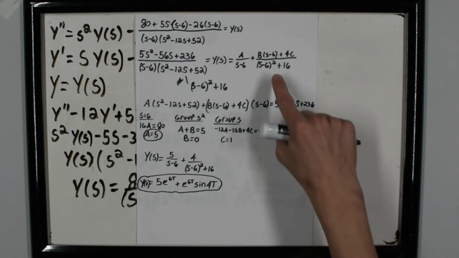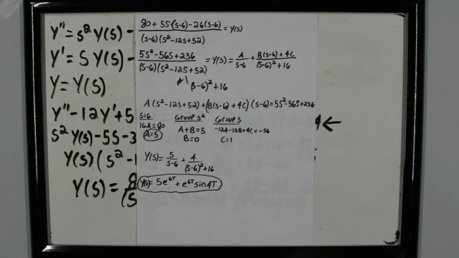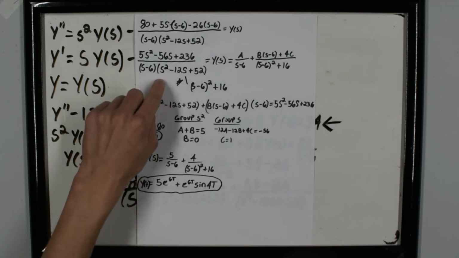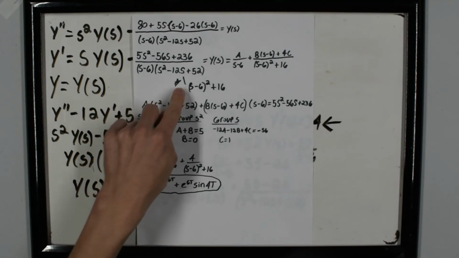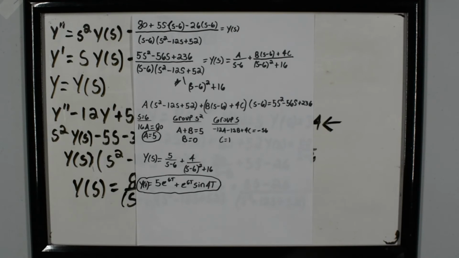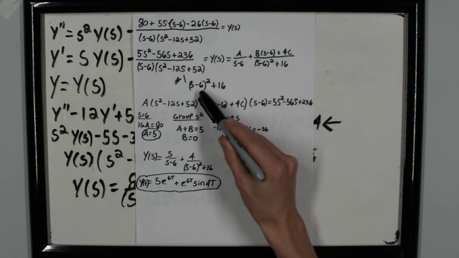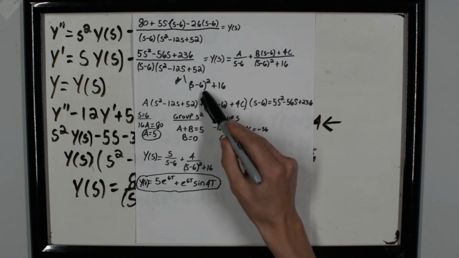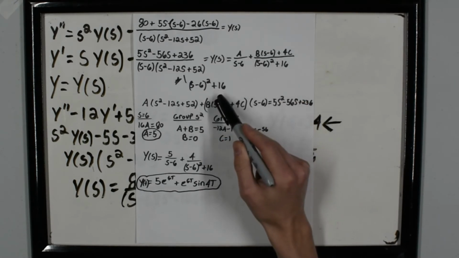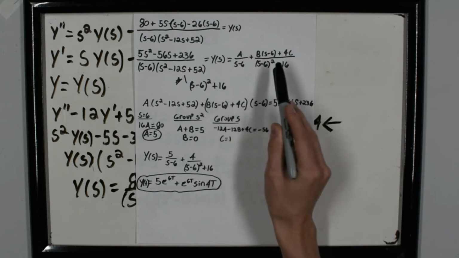And then we set up the partial fraction here as A over s minus 6. But remember, we actually complete the square here. And when we complete the square, we have to use that variation of partial fractions, where it's B times this term, plus C times the square root of this term, on the top over the whole thing on the bottom.